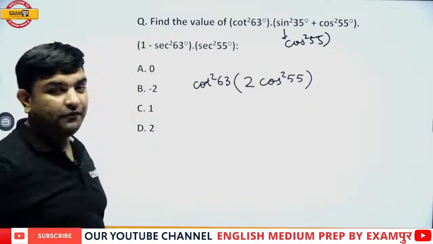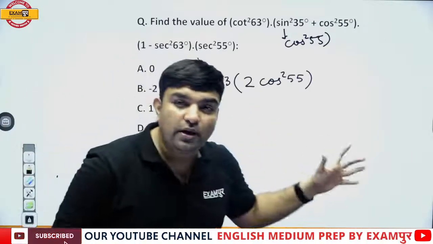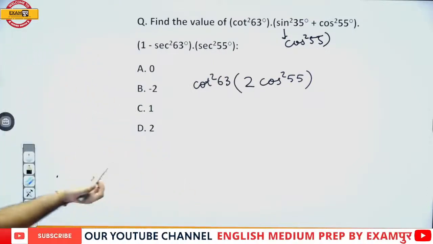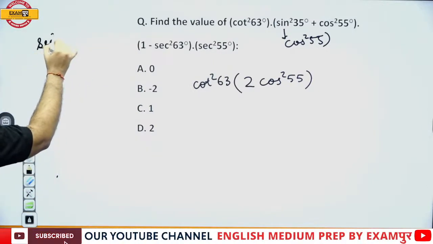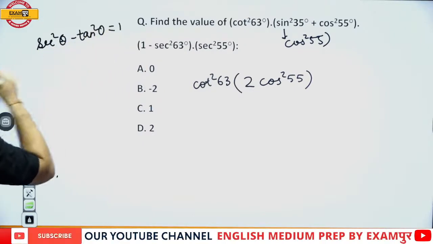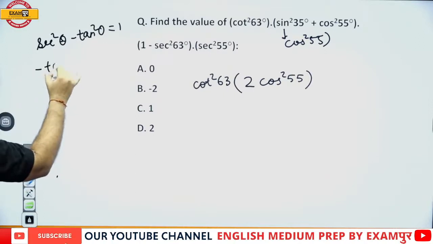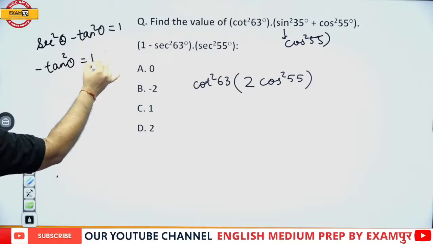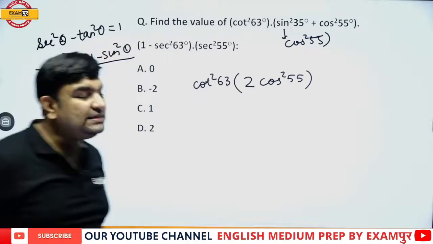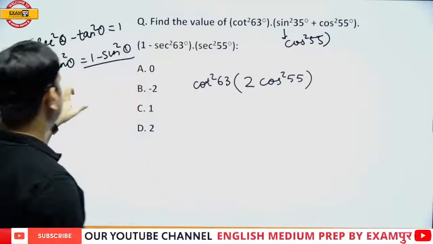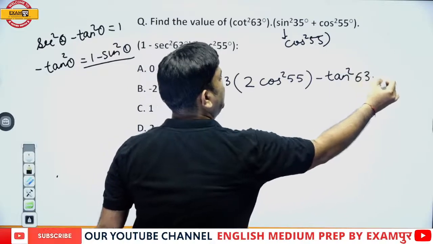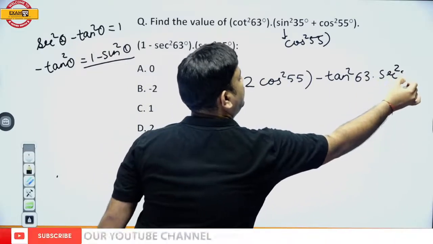2 cos square 55, 1 minus sec square theta. You might be aware that sec square theta minus tan square theta is 1. So minus tan square theta is equal to 1 minus sec square theta. So you will replace it by minus tan square 63, and this is sec square 55.